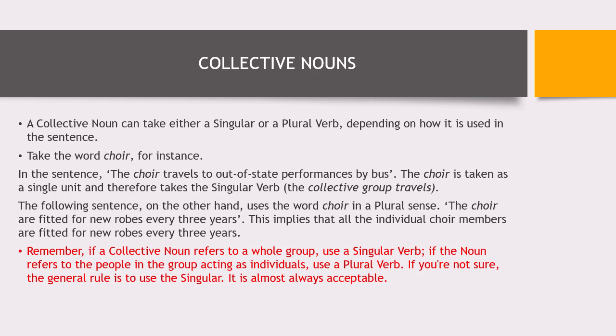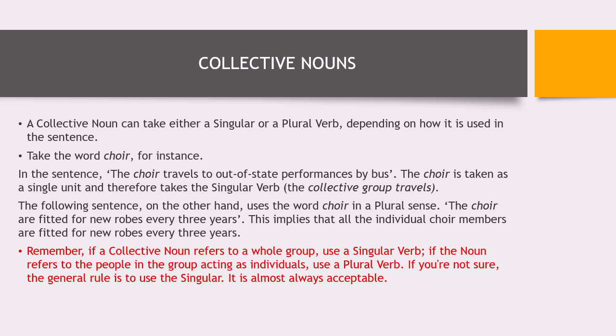Collective nouns. A collective noun can take either a singular or a plural verb, depending on how it is used in the sentence. Take the word choir, for instance. In the sentence, the choir travels to out-of-state performances by bus, the choir is taken as a single unit, and therefore takes the singular verb.